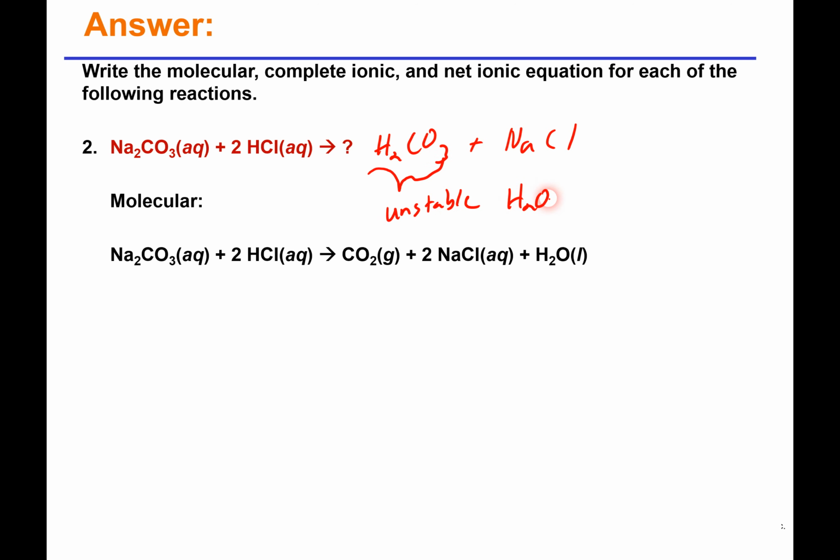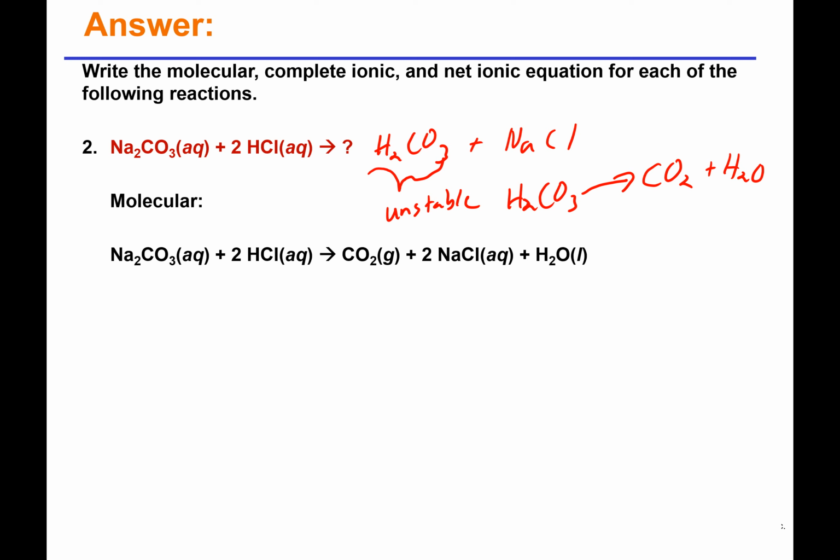So H2CO3 in the presence of an acid breaks down to give me CO2 and H2O. Okay, so if you see something like H2CO3, H2SO4, something like that, it's actually an unstable product. So it's going to break down into CO2 and water.